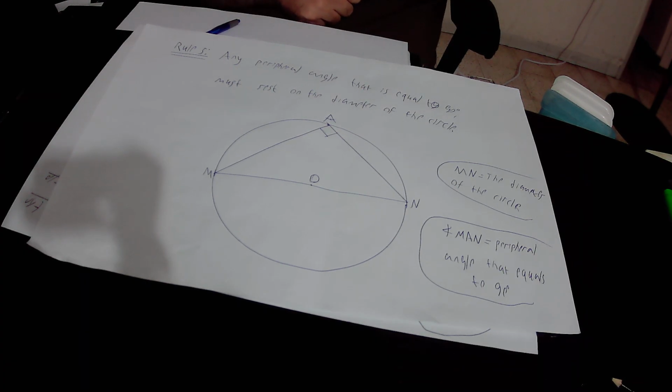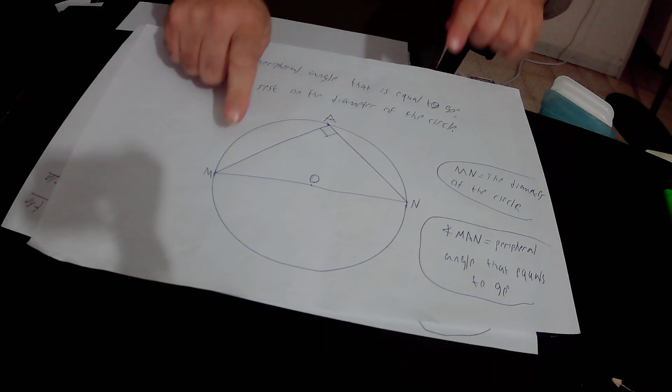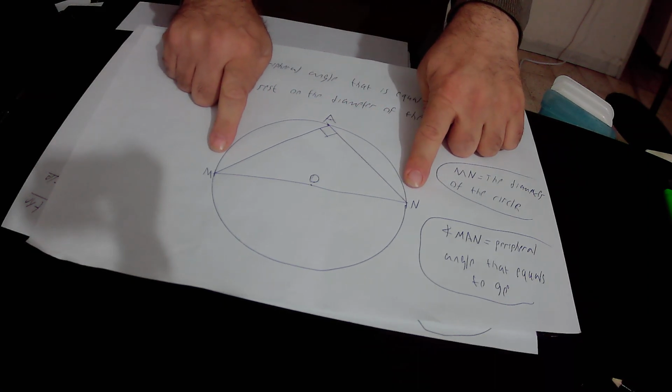According to this rule, rule number 5, peripheral angle MAN must rest on the diameter of the circle. It is very easy to see from the drawing that peripheral angle MAN rests on chord MN, and indeed chord MN is the diameter of the circle.